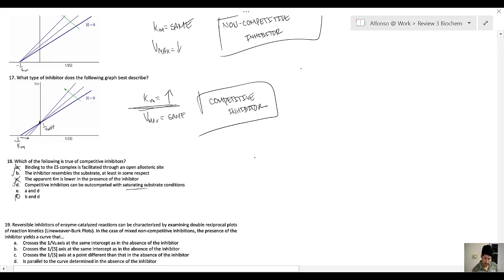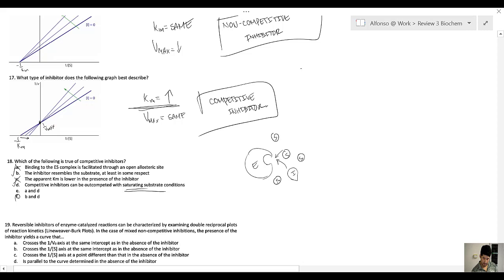All this means is that if you have an enzyme, and here you have a substrate and here you have the inhibitor, and they're both competing for the same active site, you can outcompete the inhibitor with saturating substrate conditions.